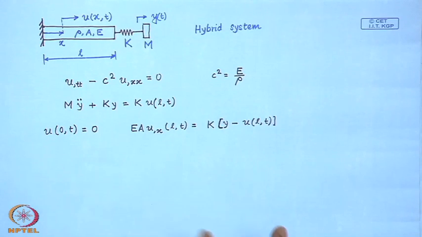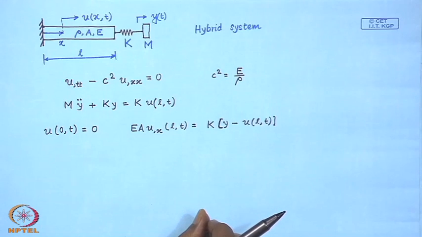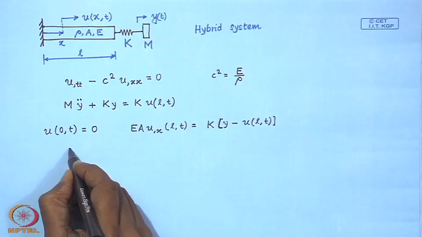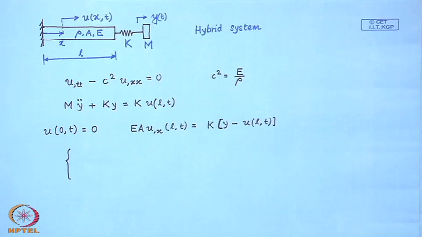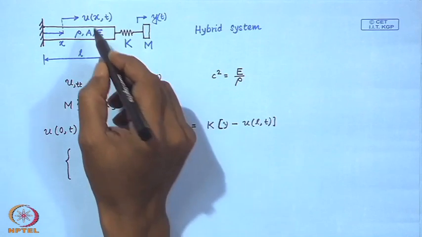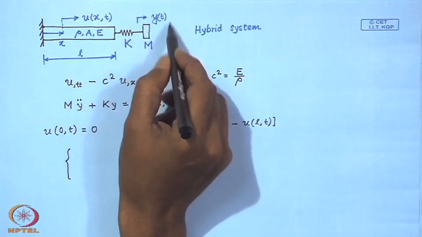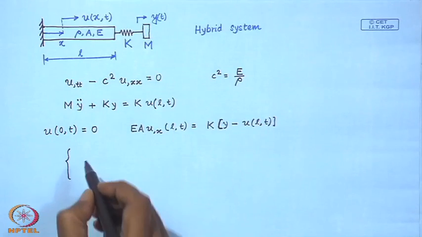So, these are the two boundary conditions for the bar. Now, as I mentioned, this system now has a field variable for the bar and the coordinate of this discrete mass m.